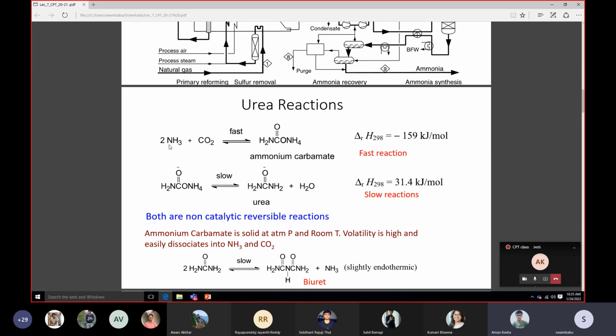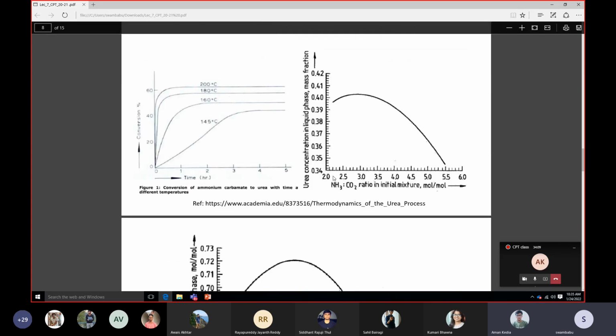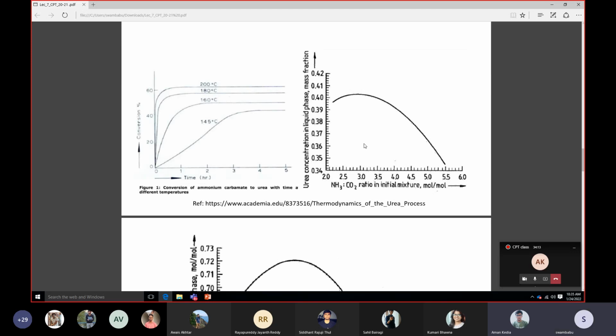Okay, let me say, here we need a 2:1 ratio, but usually we operate at higher ratios. The ammonia to CO2 stoichiometric required ratio is 2, but we operate slightly higher than 2, at a ratio of 3.